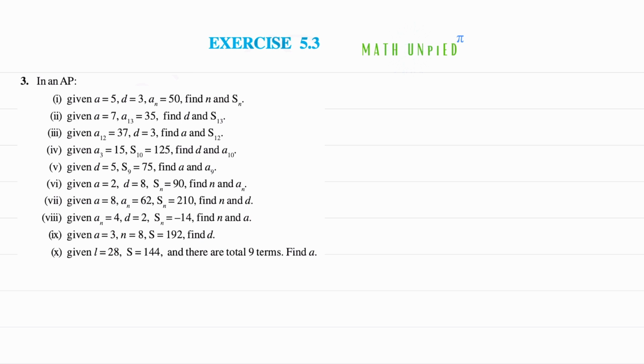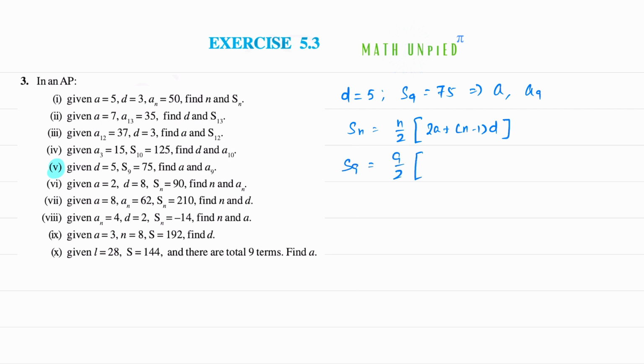Now let's move on to subdivision 5. d equals 5, and S9, or sum of 9 terms, equals 75, and we have to find a, the first term, and a9, the ninth term. Sn is given by n over 2 times 2a plus n minus 1 times d, or S9 equals 9 over 2 times 2a plus 9 minus 1 times, what is d? d is 5.